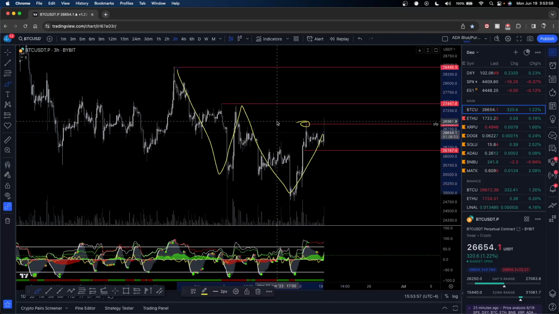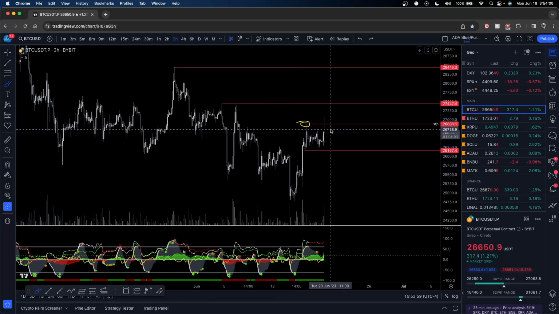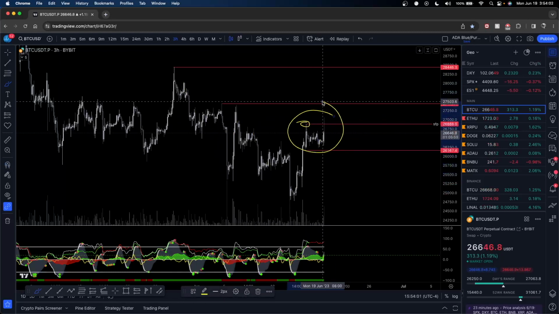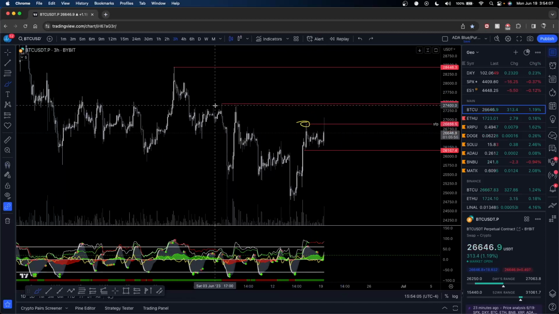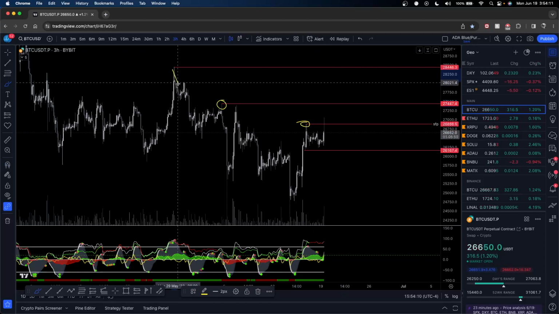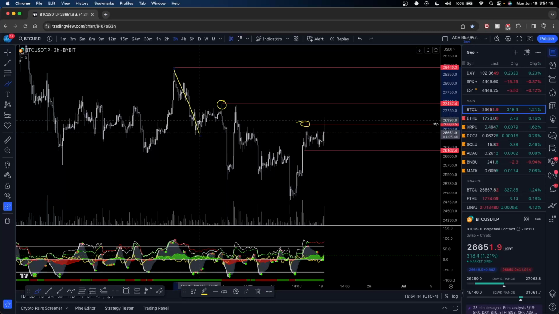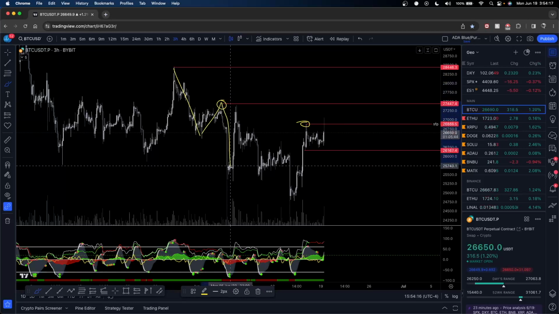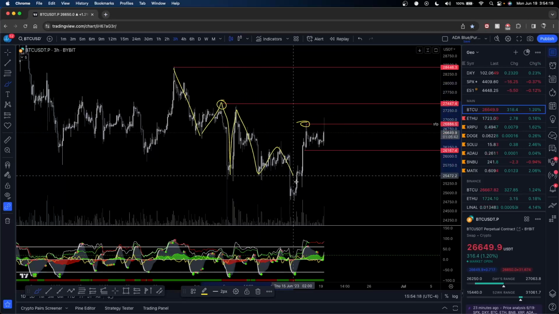This level isn't really, in the grander context of the 3 hour, an SFP. I would consider this one to be, because it was high, lower low, lower high, lower low, whatever, right?